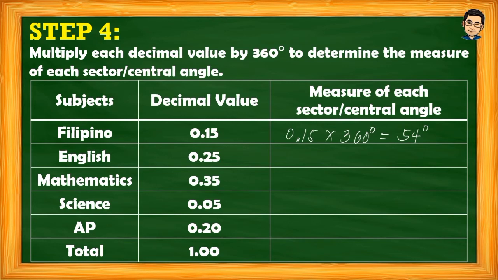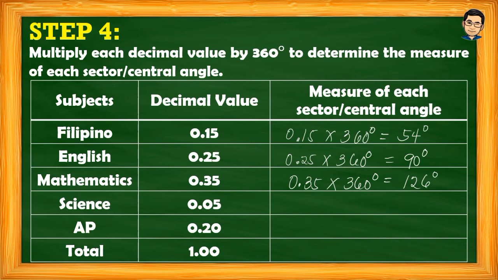Next, English naman, 0.25 times 360 degrees will get 90 degrees. Next, mathematics naman, 0.35 times 360 degrees. Ang makukuha po nating sagot dyan is 126 degrees.